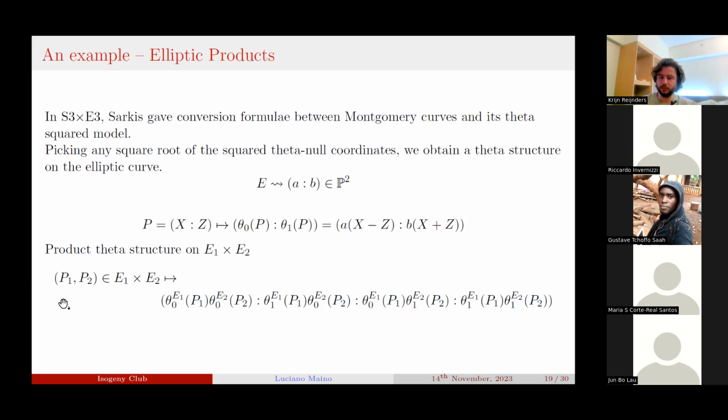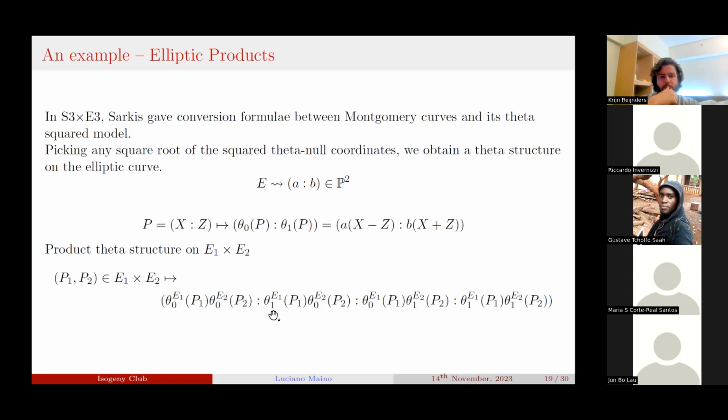And then if we have a pair of points on this elliptic product, we can convert to the theta model of the elliptic product in this way. The first component will be given as the product of theta 0 E1 of P1 and theta 0 E2 of P2, and then all the other components follow the ordering that I've described before.